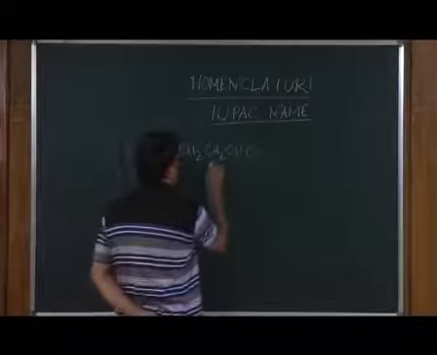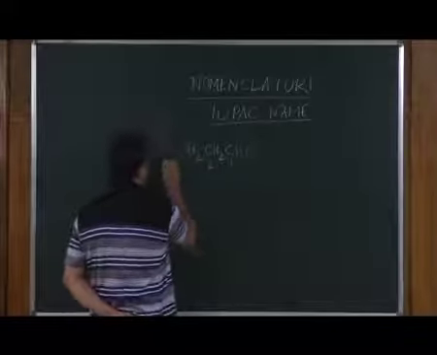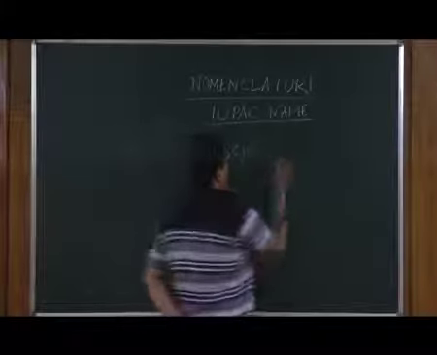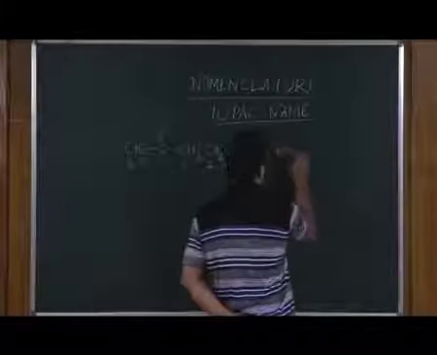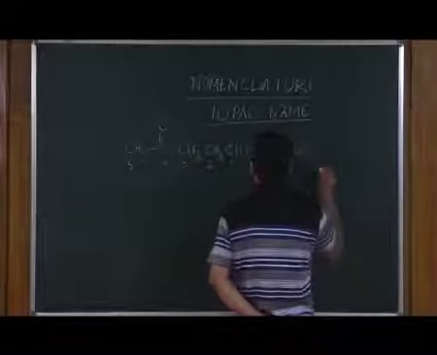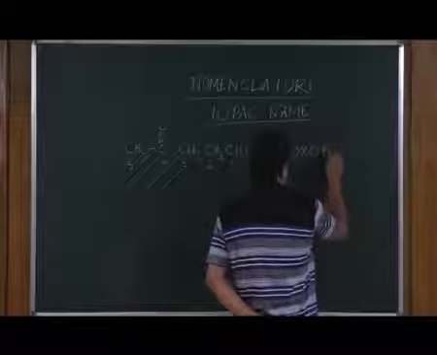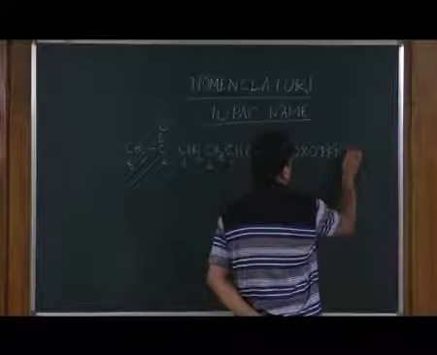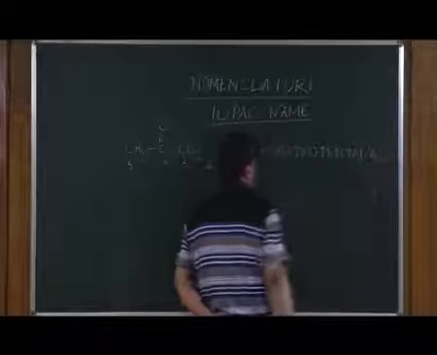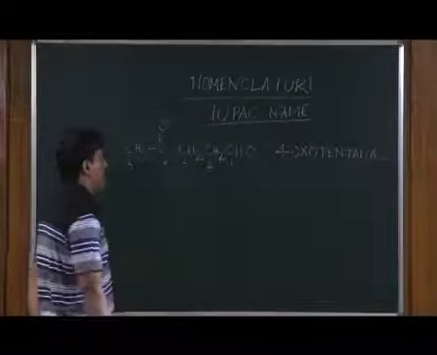So, here the numbering will be 1, 2, 3, 4, 5. So, what will be the IUPAC name of this? It will be 4-oxo. This is a 5 carbon chain, so it will be pentanal, 4-oxopentanal.